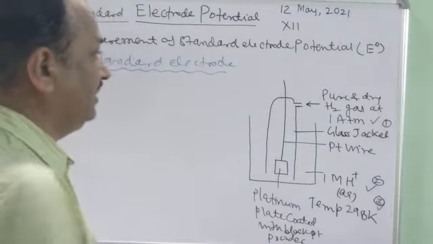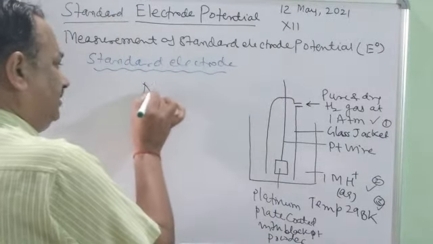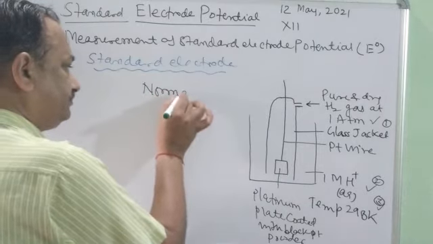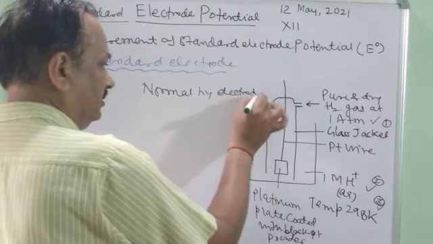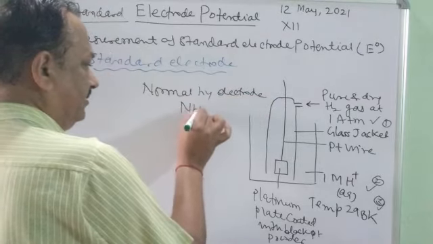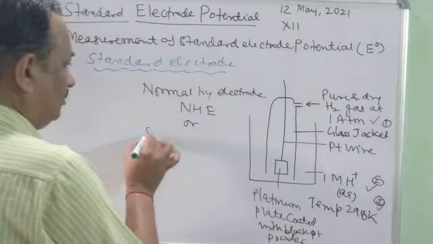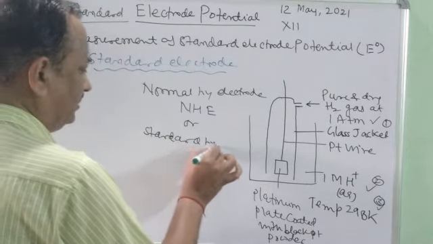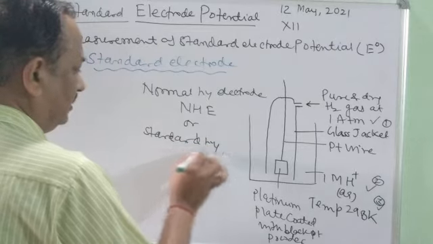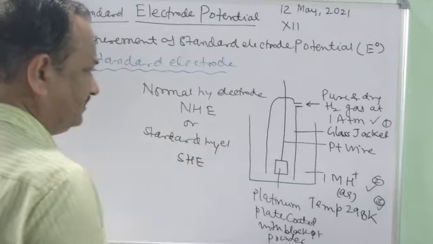So this is called the normal hydrogen electrode, NHE, or it is called the standard hydrogen electrode, SHE.